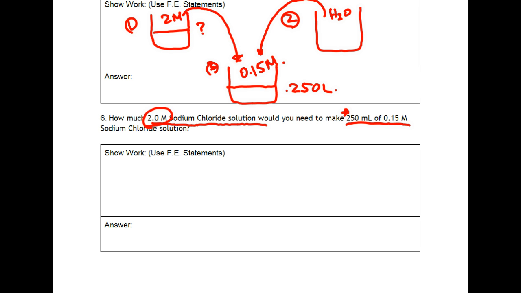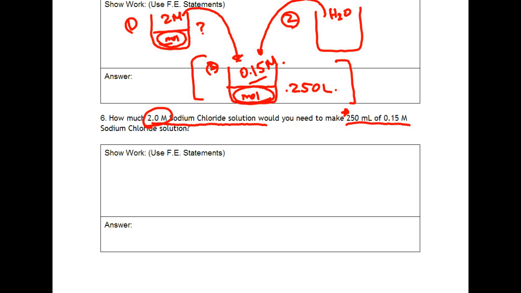So first thing we do, if we can figure out the number of moles in this solution, we know exactly where they came from, this solution. So if we know the moles from that solution, we can figure out how much of that solution we had to use to get this final product.